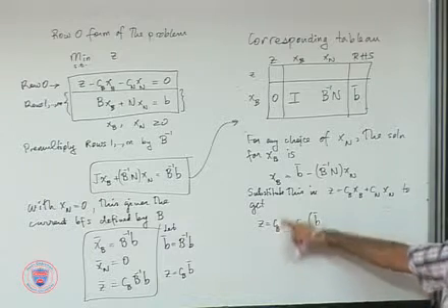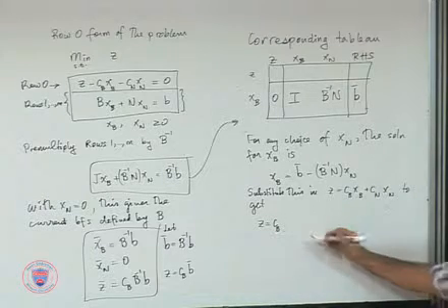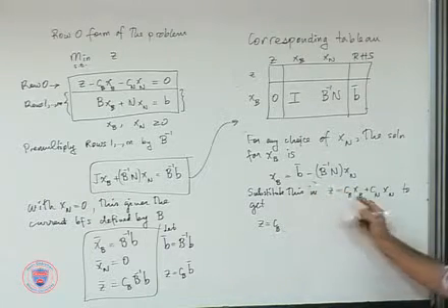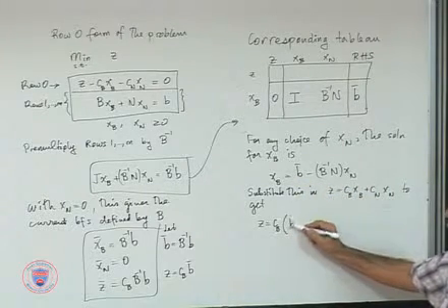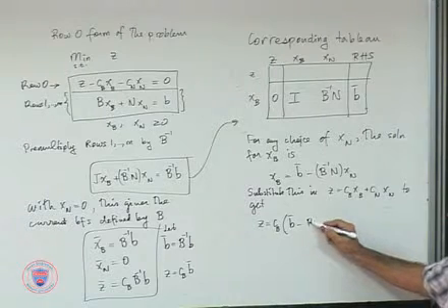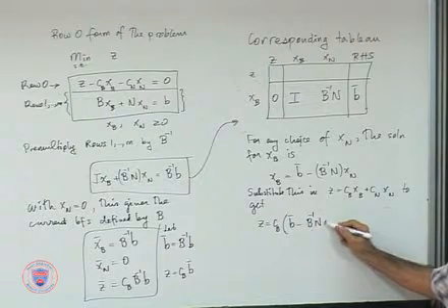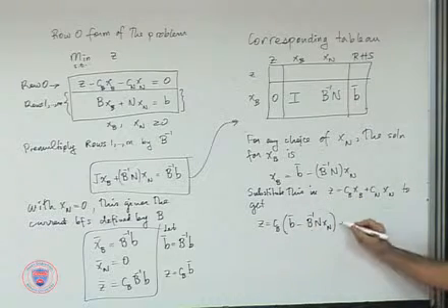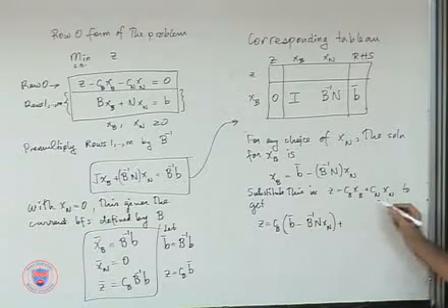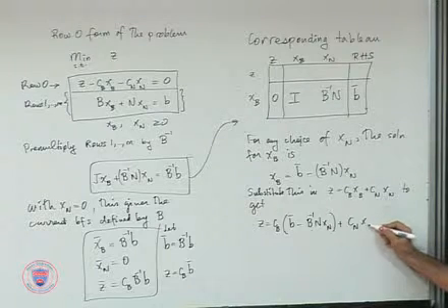No, sorry, I'm doing it in the incorrect way. Cb times what you see here for xb, which is B bar minus B inverse n xn, right? Plus cn xn.